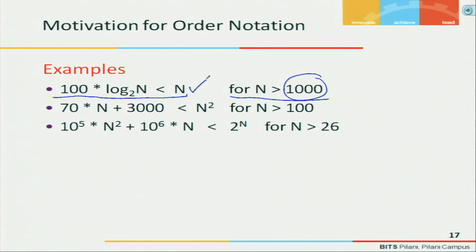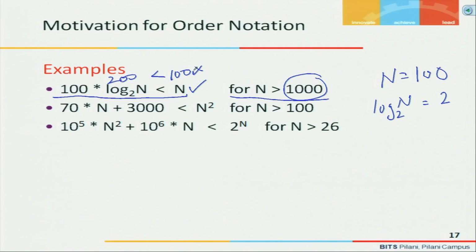Very easy to observe that if n was 100, then log n to the base 2 would have been about 7, and the left hand side would be 200, and the right hand side is 100, and we know this is wrong.